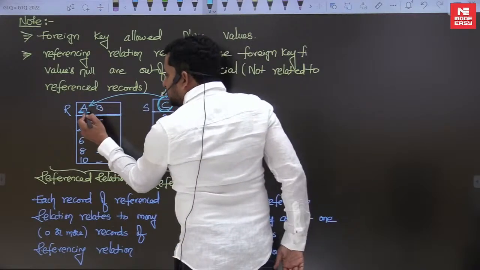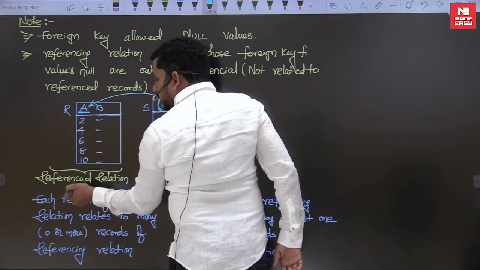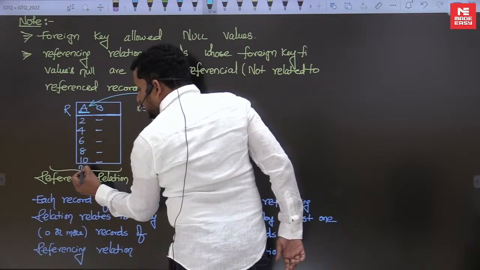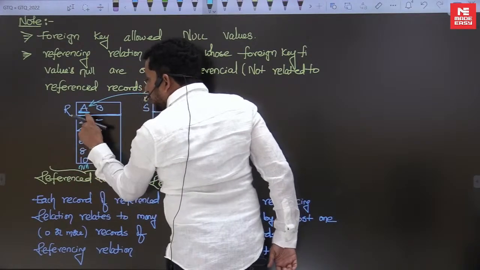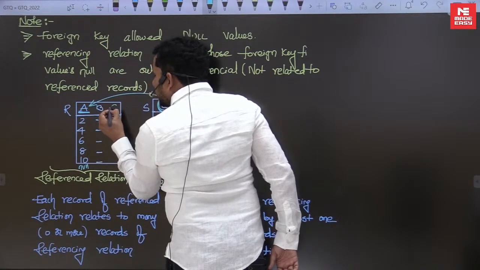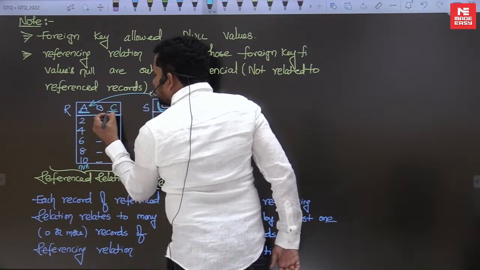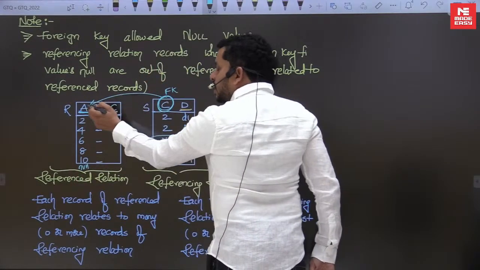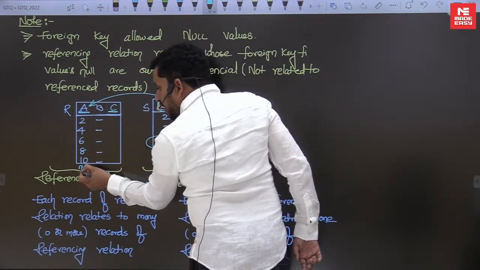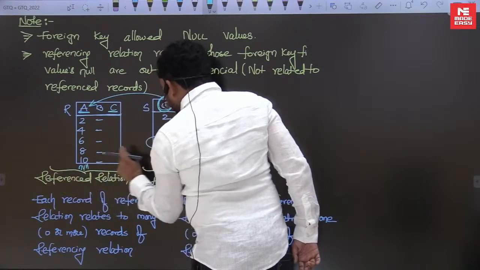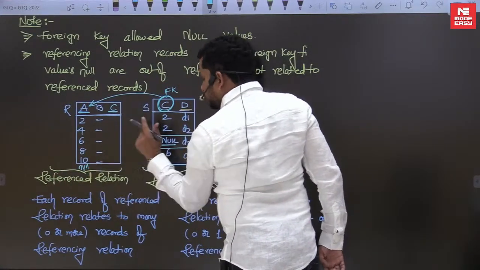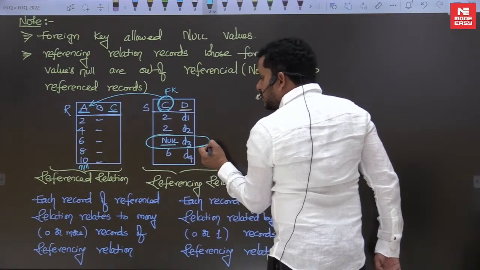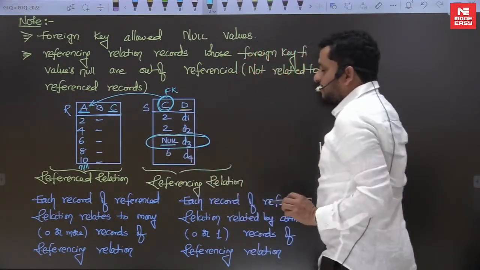Even if the referenced key is an alternative key, let's say C is the primary key and A is an alternative key, then the foreign key can refer to the alternative key also. Even if you have null in the referencing table, that null does not refer to anything. So the null foreign key values are outside the foreign key references.